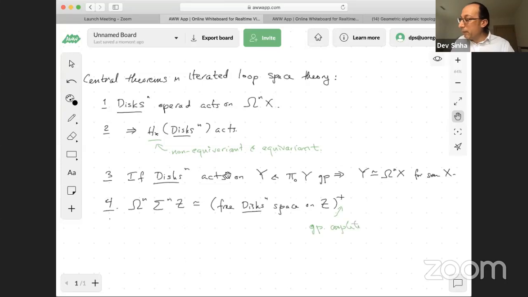We'll say what that means, but that's basically take loops on the classifying space of a monoid.